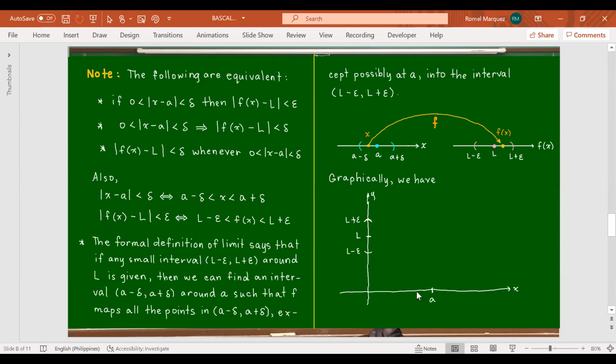And then corresponding here, I have A minus delta, A plus delta. Okay, guys? So this distance is delta, this distance is delta, this distance is epsilon, this is also epsilon.